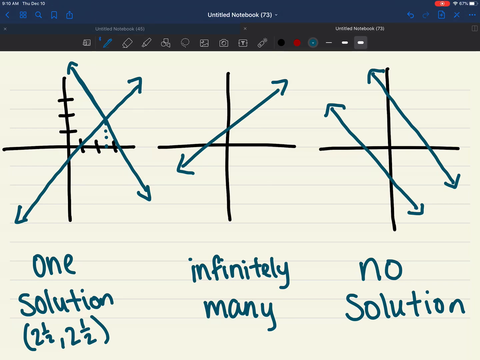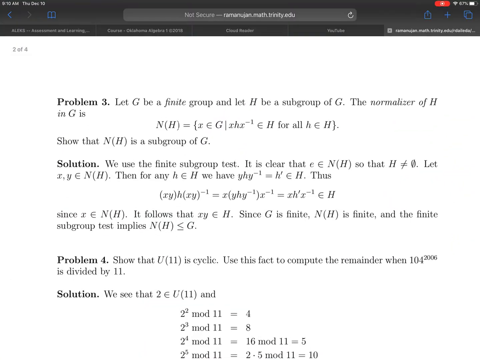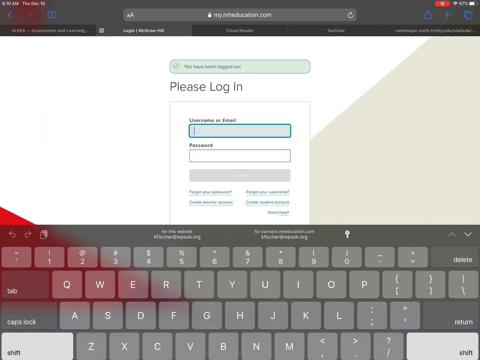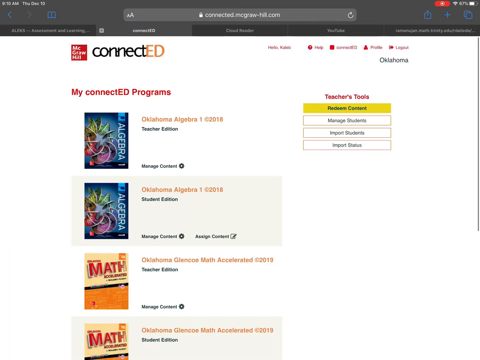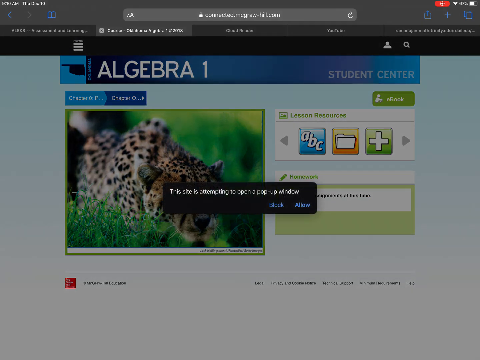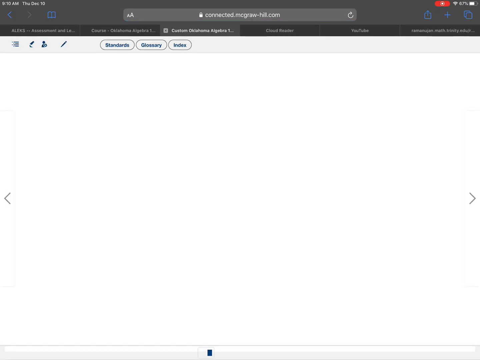First thing I want you to do is open your book to page, I think, 336. Let me see if I can pull this up real quick so you can show it on here. I think it's 336.